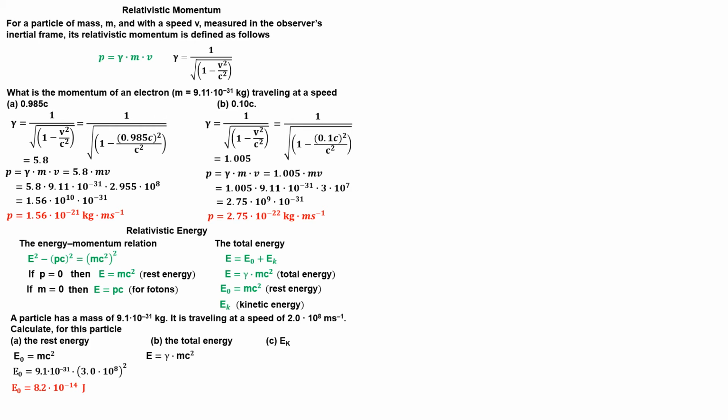To solve item B, we calculate the Lorentz factor first and get the result of item A. To solve item C, we subtract the rest energy from the total energy.